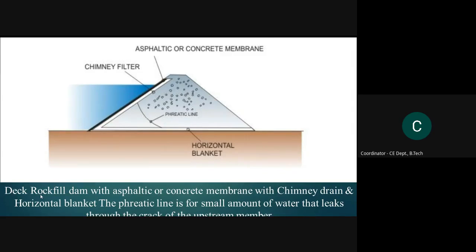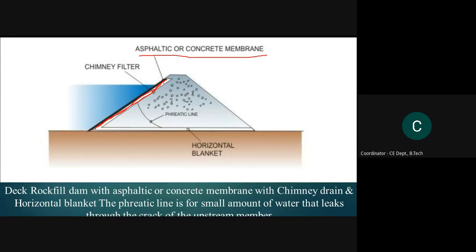Here, this is the decked rock-fill dam with asphaltic or concrete membrane with chimney drain and horizontal blanket. As you can see, this dam is constructed with rock fill, and the upstream part uses an asphaltic or concrete membrane.